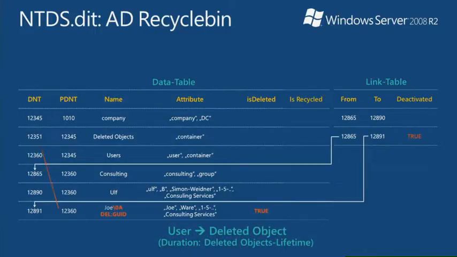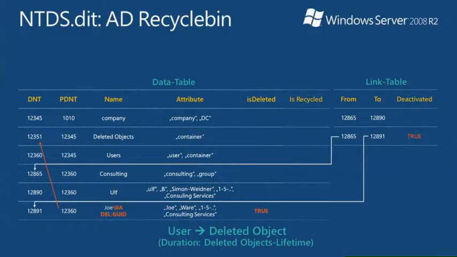So quite easily, when a user is being deleted, he's still moved into the deleted objects container. His name is changed. He maintains all attributes. The deleted flag is set to true, and the link is being marked as deactivated. So the link is still there, but it's marked as deactivated.